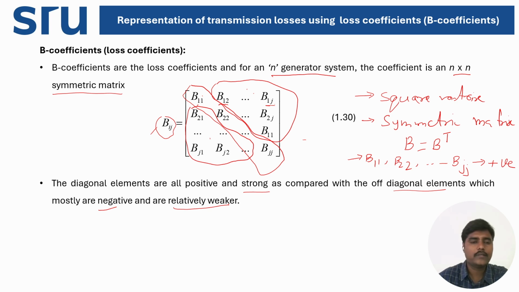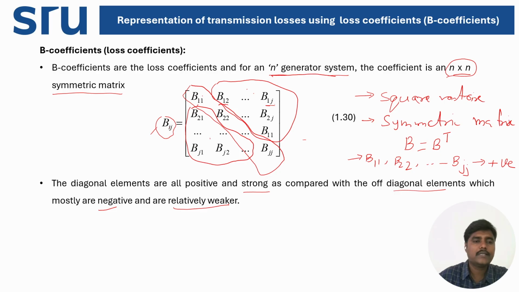We can revise all the summary points one more time. This loss coefficient matrix is a square matrix, and its size is given by the number of generators in the system. If the system has n generators, then by default the loss coefficient matrix size is n by n.